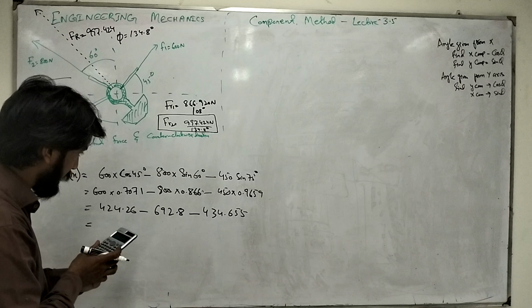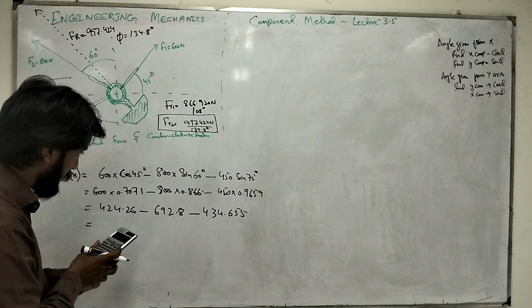Since the x component is negative and the y component is positive, we know that the resultant force lies in the second quadrant. I'm going to write it as Q2 over here. But we don't know the angle.